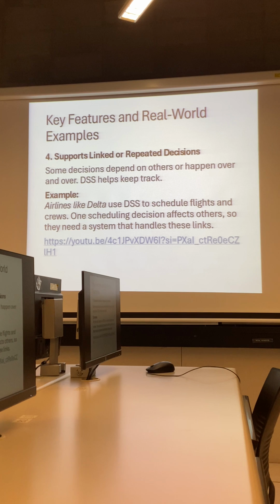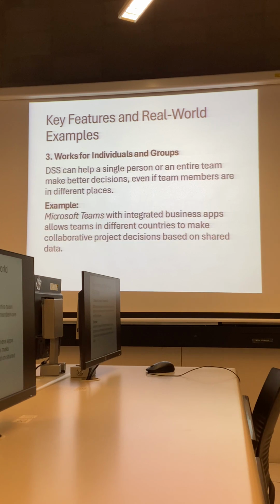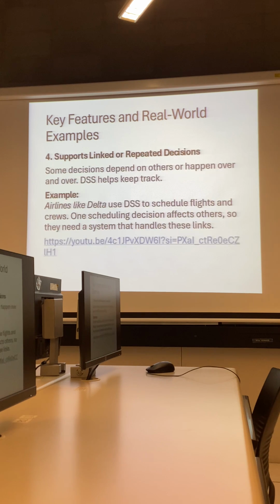This is also like Zoho, like last semester I introduced Zoho software to you, right? You can use the software everywhere with several people as long as you have internet access and make decisions. So this is also what we have: you can work individually and in a group using DSS.